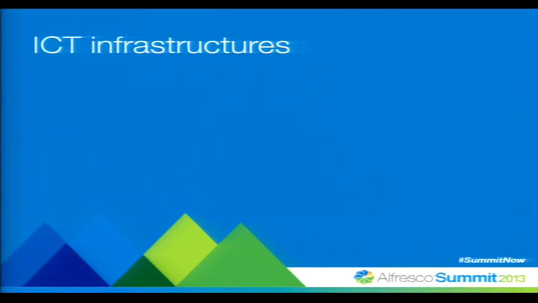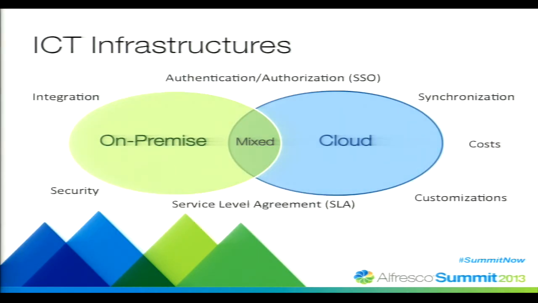So in this scenario where we have cloud services, with advantages and limitations, we have the cloud services, the on-premise infrastructure, okay, and in the middle, an infrastructure where we have a mix between on-premise and cloud, okay?